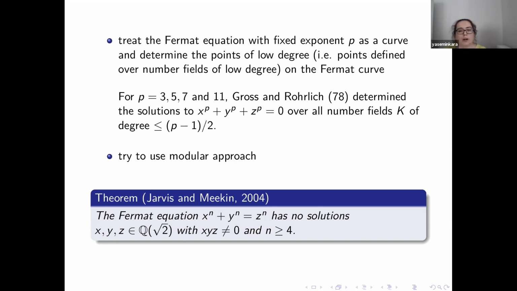They proved that the Fermat equation has no non-trivial solutions in the quadratic field Q(square root of 2), for n bigger than or equal to 4. And as you see here, they just proved it for one number field. So they show that for this particular number field, the Fermat equation has no solutions.